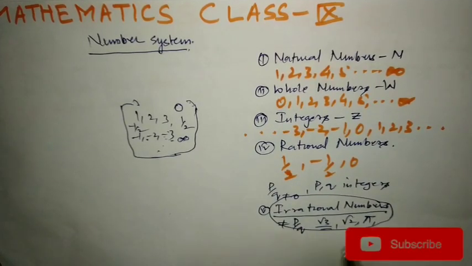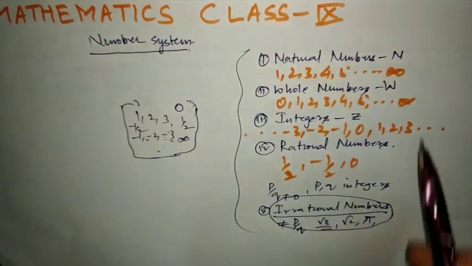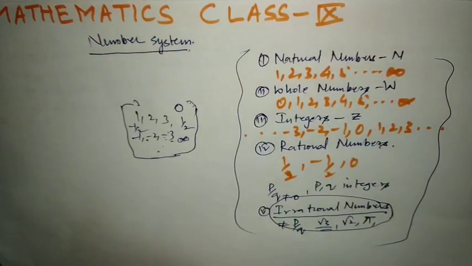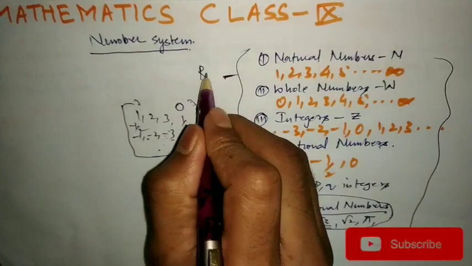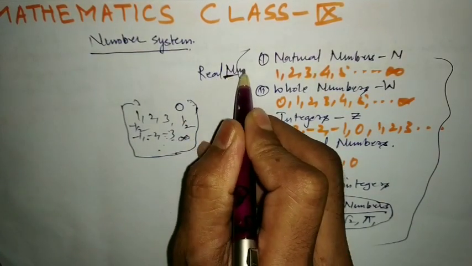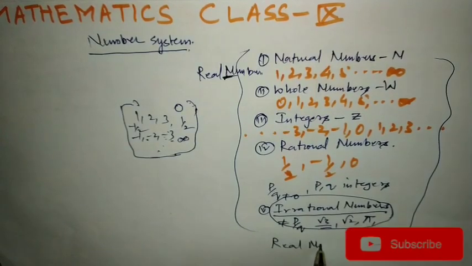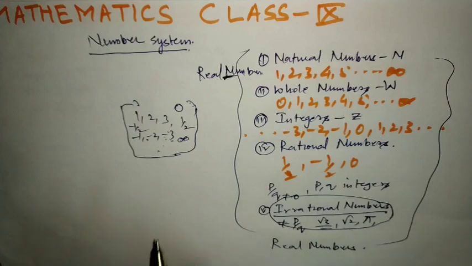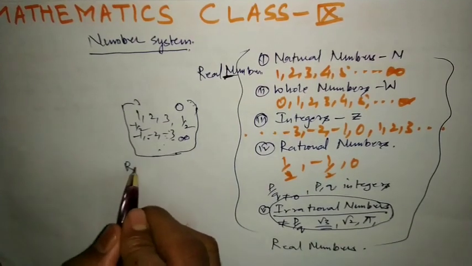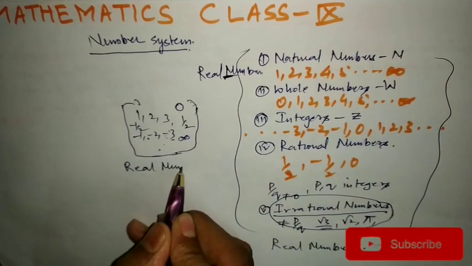And the collection of all these numbers, what do we call it? We call it real numbers. So what we get actually, we have real numbers.